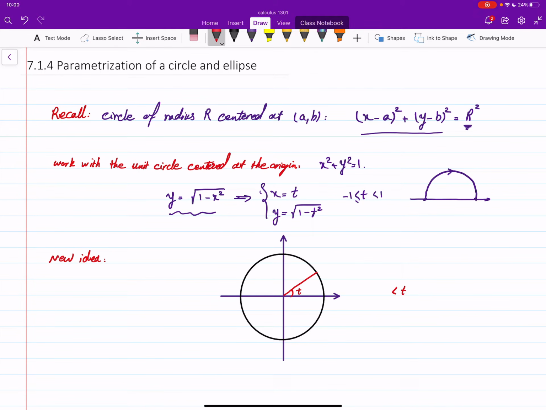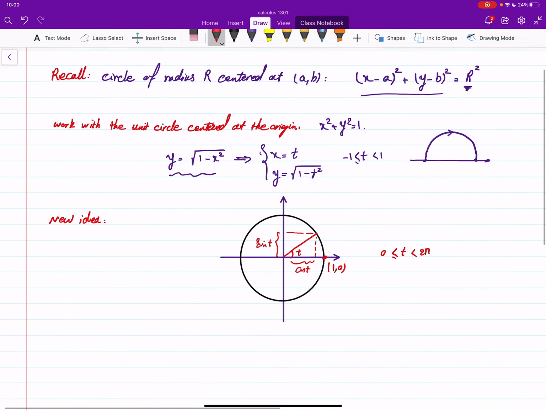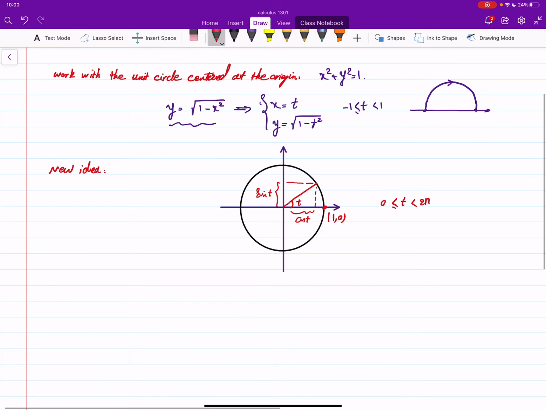This way, when the angle is between 0 and 2 pi, you go around the circle counterclockwise, starting from (1, 0). And what is the parameterization there? The x coordinate is cosine t, while the y coordinate is sine t. And if the radius is r, you have to multiply these by r. So this is the right parameterization.